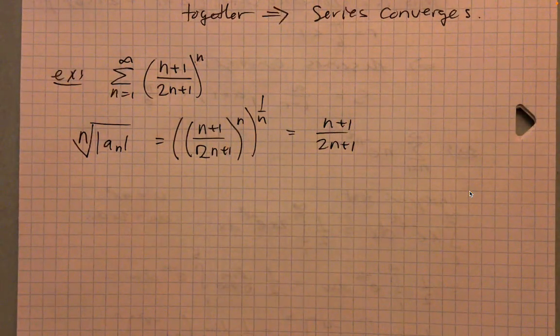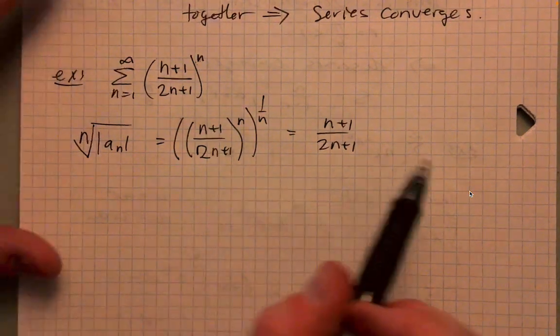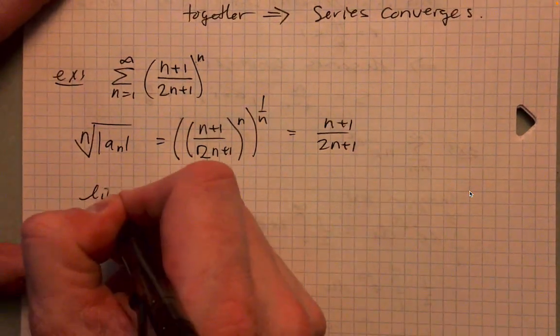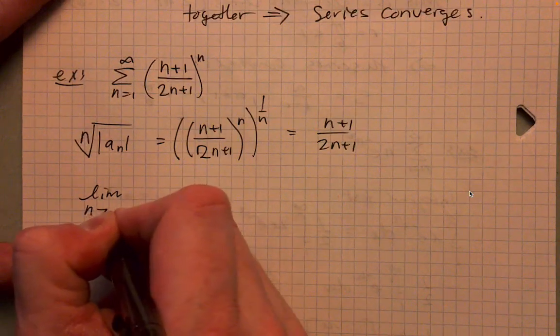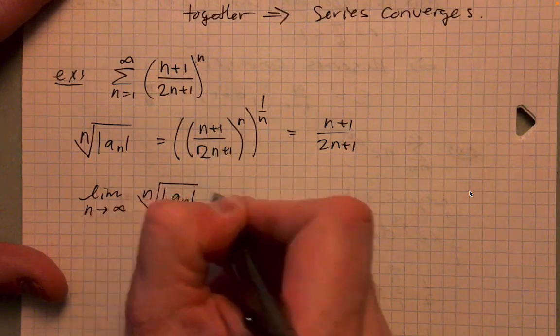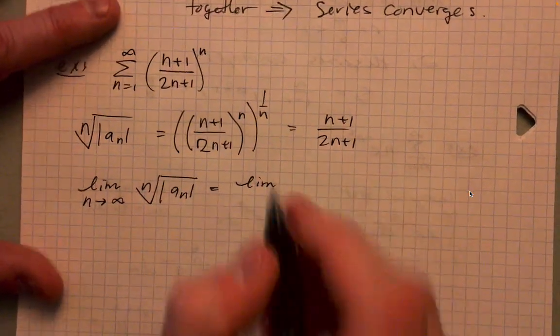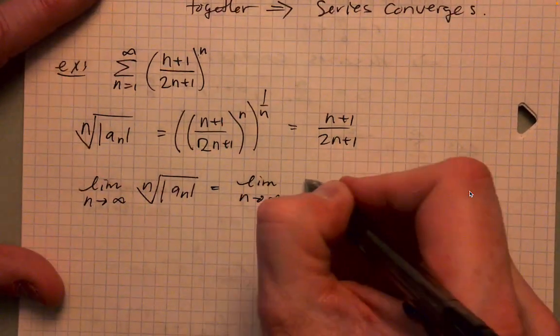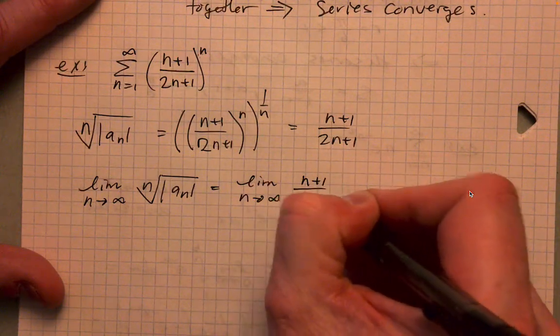And that's the nth root of the absolute value of the nth term. And so the limit is what we're interested in there. Okay, so the limit as n goes to infinity of n plus 1 over 2n plus 1.